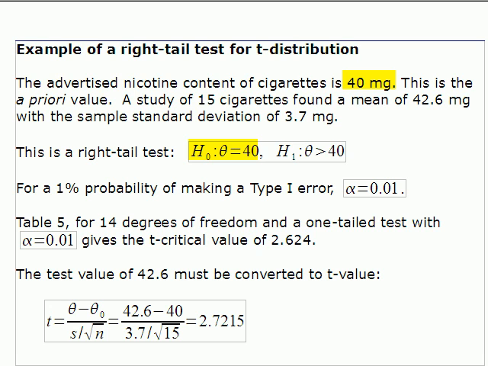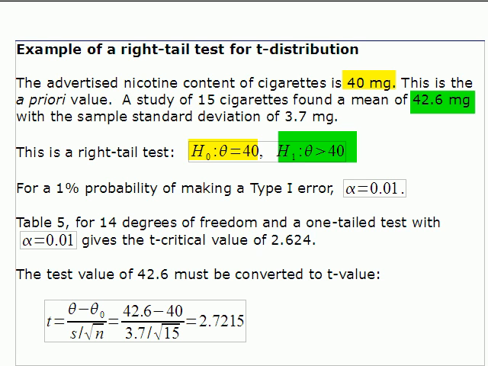Okay, so this is our a priori value. Then somebody makes a study of 15 cigarettes and finds a mean of 42.6. So the idea of that appears in the alternative hypothesis that the nicotine content is greater than 40.